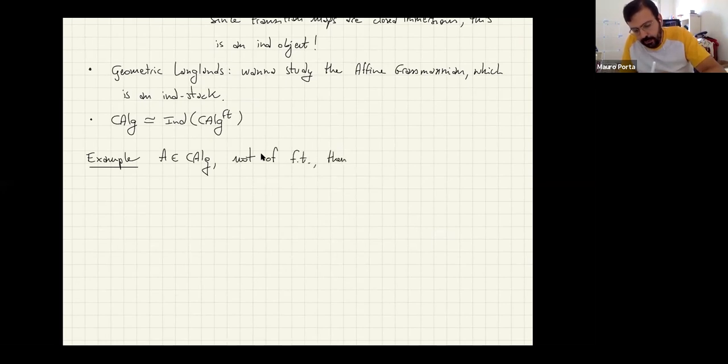Then we can approximate it as a colimit of A_alpha, where this is a filtered colimit of algebras of finite type.